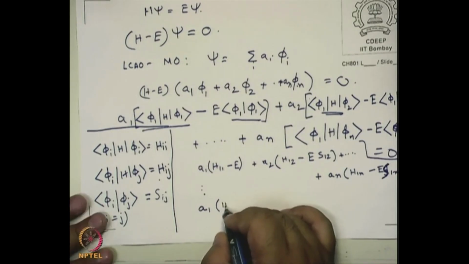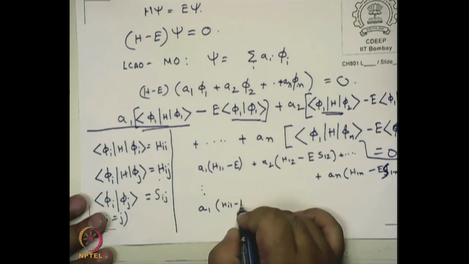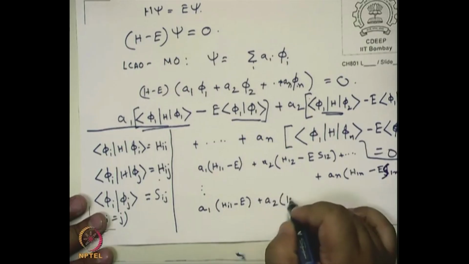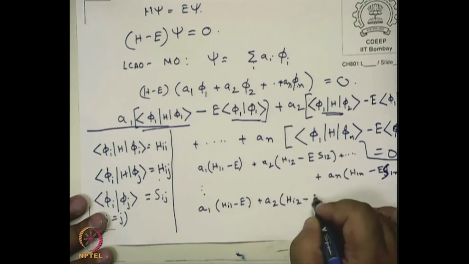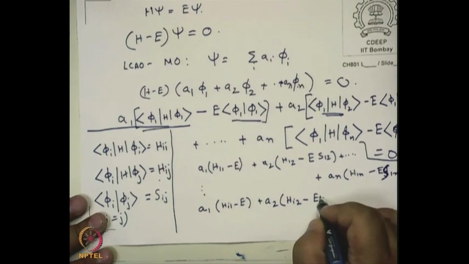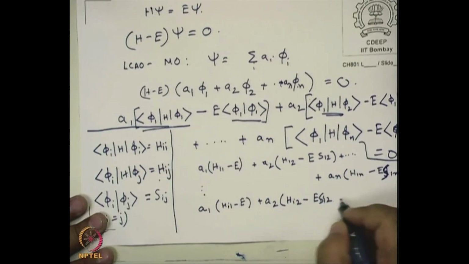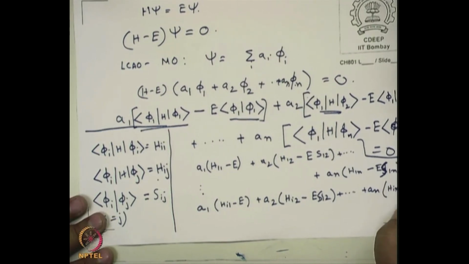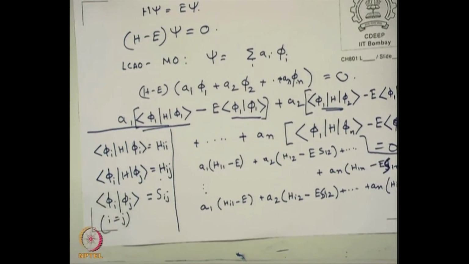Then this will be H i1 minus E S i1, plus A2 into H i2 minus E S i2, plus so on and so forth, plus An multiplied by H in minus E S in, that is equal to 0. Okay, so this is a general form of equation where i ranges from 1 to n.